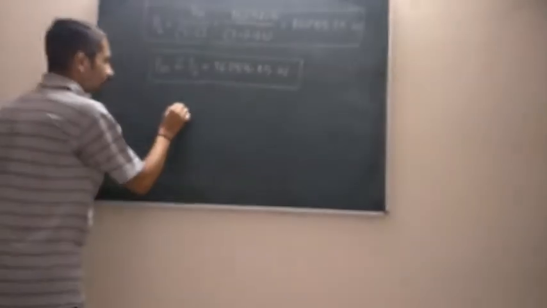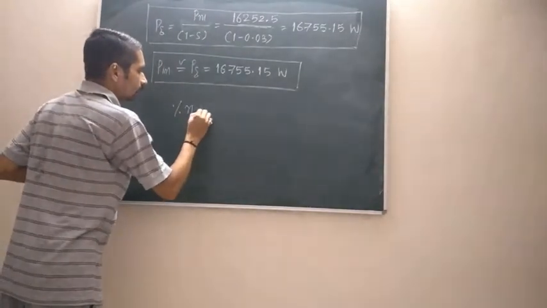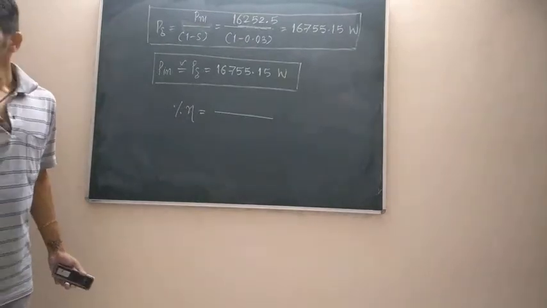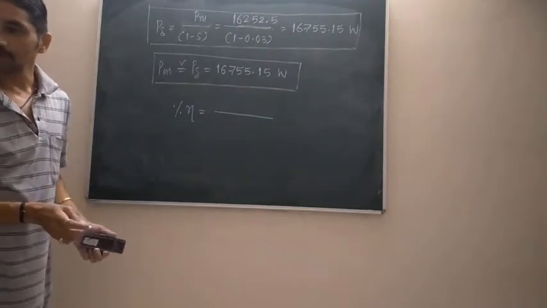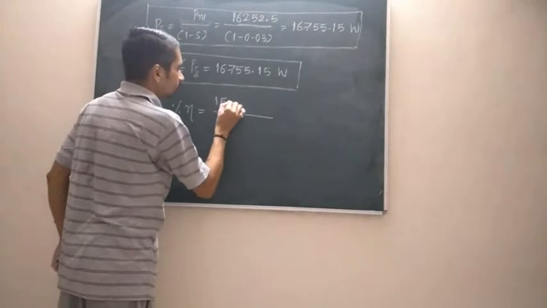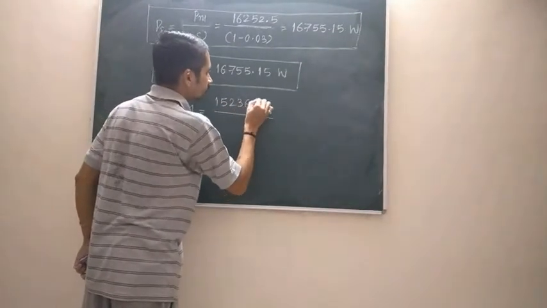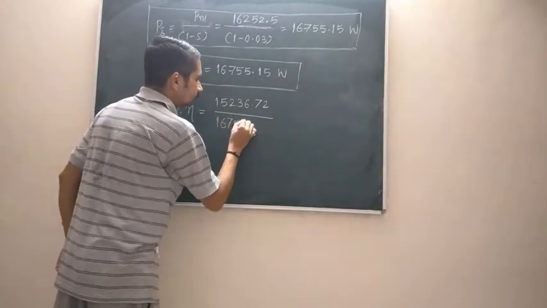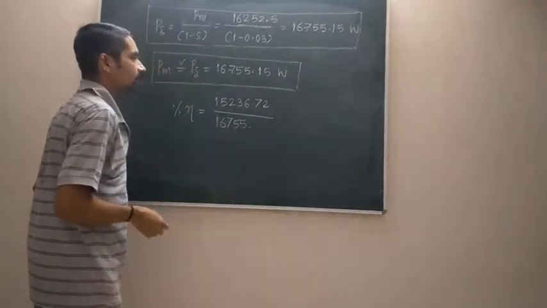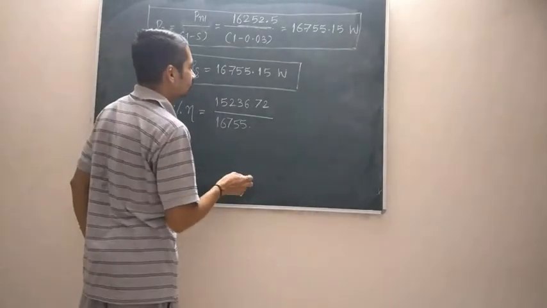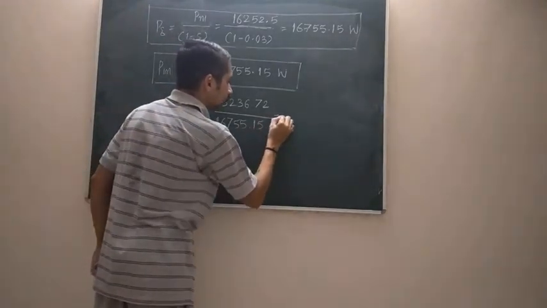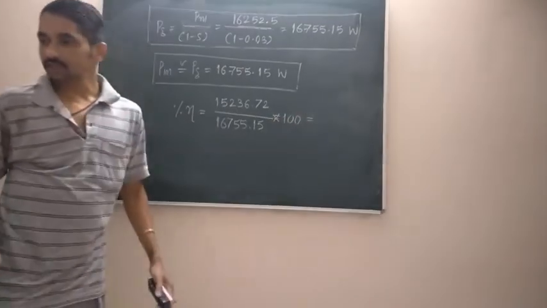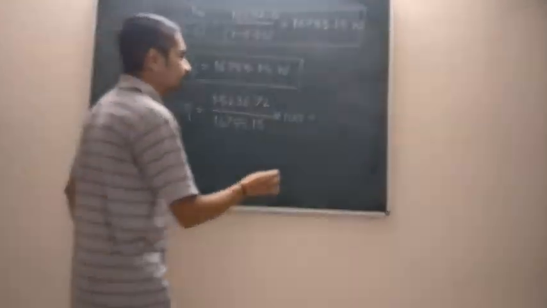Then I can calculate my percentage efficiency as P out upon P in. P out or P shaft we have already calculated as 15,236.72 upon P in, which is 16,755.15, into 100. So the efficiency comes out to be 90.93%.